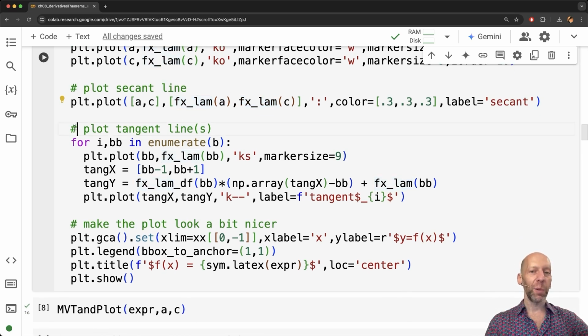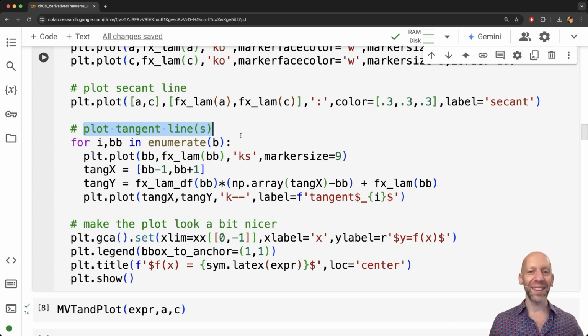And then here I plot the tangent lines. Now, notice there's only one secant line to plot, right? Because we specified the two bounds to plot a secant line between, but who knows how many points in the derivative or in the function satisfy the mean value theorem. There's not only going to be one single point.